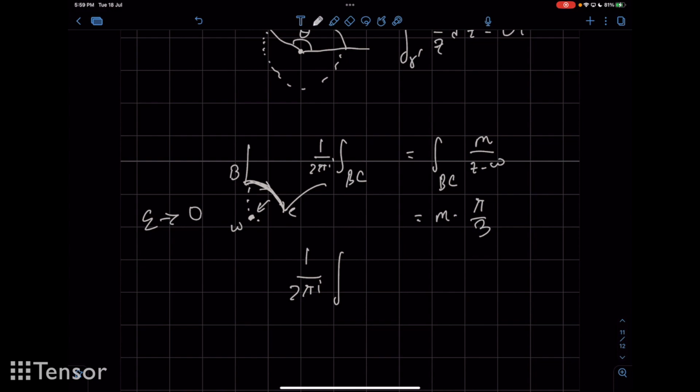BC is a part of this circle, and if we orient BC this way, then this circle is oriented clockwise. Therefore, there's a negative sign. So this gives us negative m omega over 6.